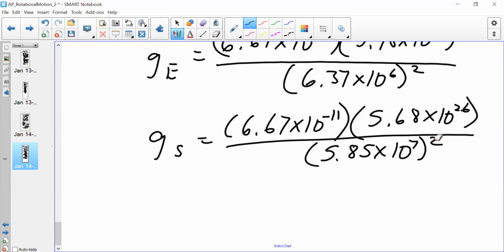So that's the long and short of that. Calculate both of those.